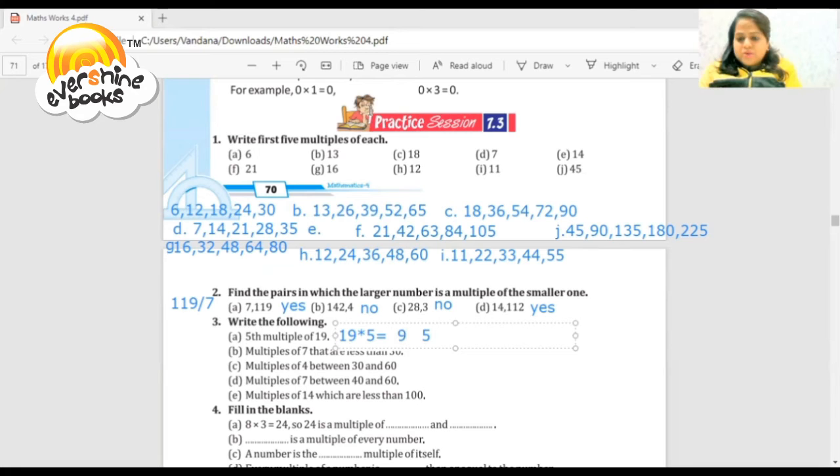Okay, it's very easy. So just take out your notebook and do it. And now you have to write the multiples of 7 that are less than 30. It means multiples of 7 are 7, 14, 21, 28. These are the numbers that are less than 30. Multiples of 4 between 30 and 60. You have to write the multiples of 4 between 30 and 60.